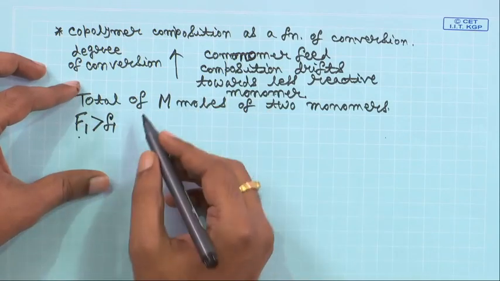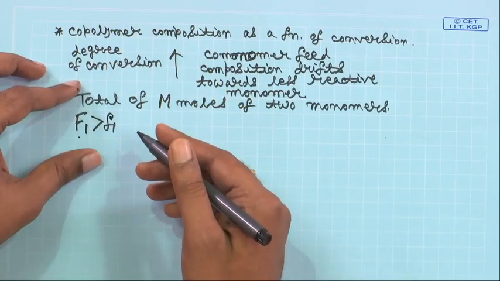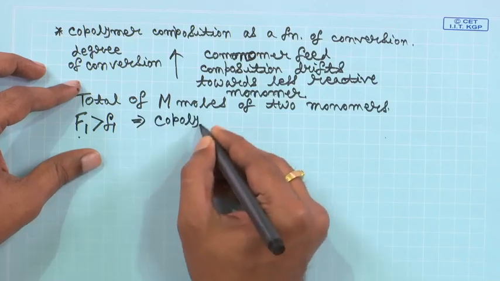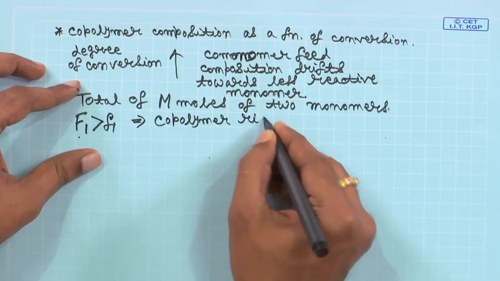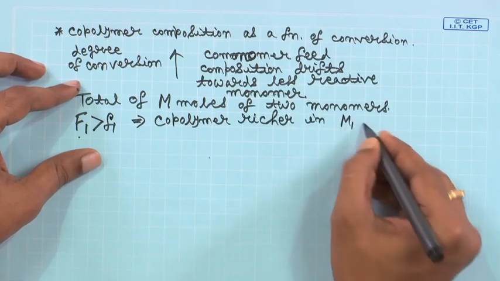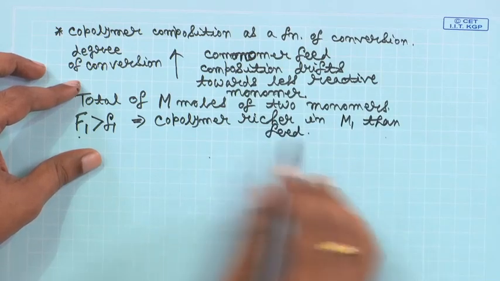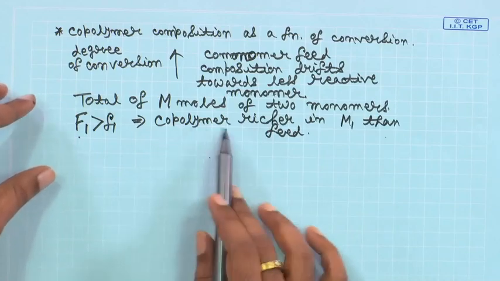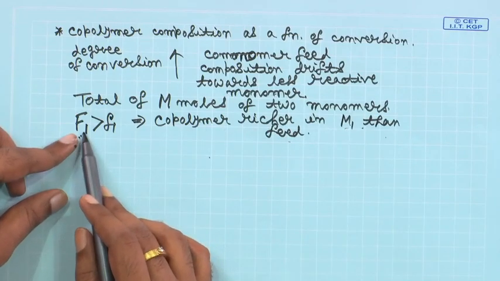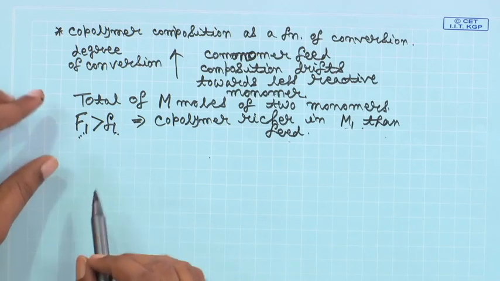So, your copolymer is actually richer in M1 than your monomer feed. If you see the composition, your copolymer is richer in M1 than feed. So, your mole fraction of monomer 1 in copolymer is higher than mole fraction of monomer 1 in the co-monomer feed.